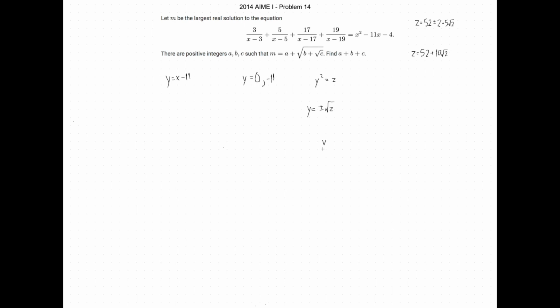So y is going to be the square root of 52 plus 10 root 2. But remember from earlier, we found that two roots of this equation were y equals 0 and negative 11, but these are clearly less than this number, so we can completely disregard them now.